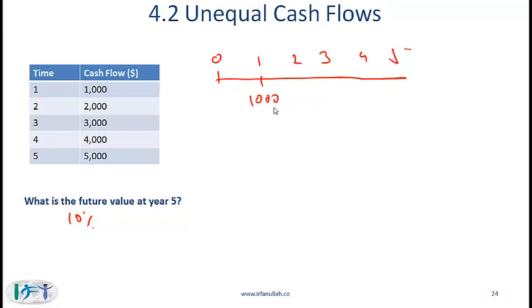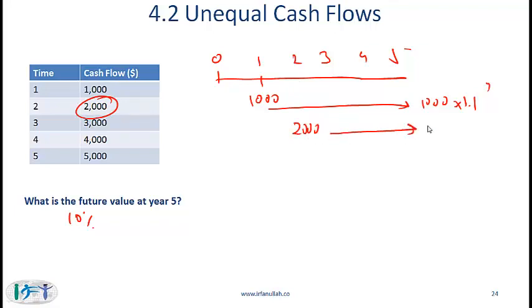So this is going to be compounded for 4 periods. So this will become 1000 into 1.1 to the power of 4. Then you have 2000 at the end of the second period. This will compound 3 periods. So 2000 into 1.1 to the power of 3. And then 3000 from here.